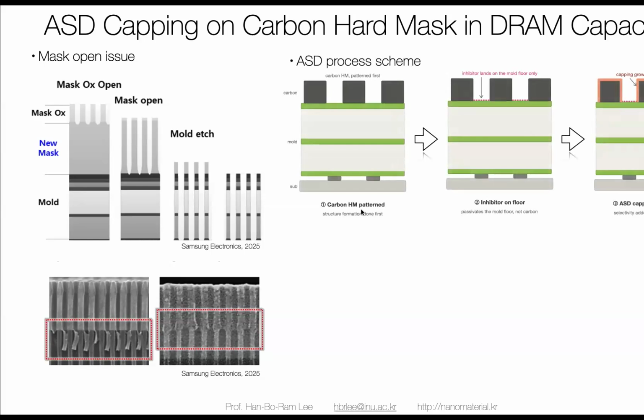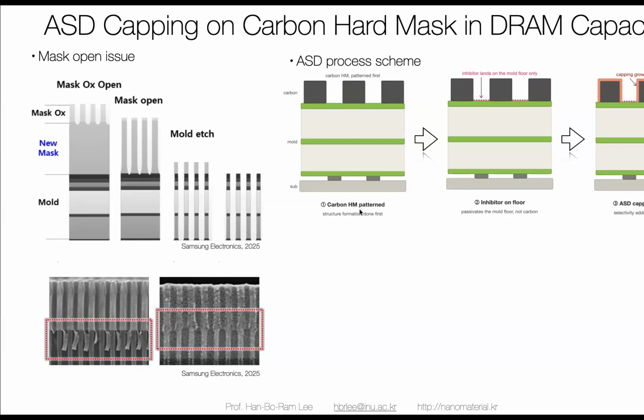So one of the ideas is, once you have the PR or amorphous carbon, so this is the amorphous carbon, and then they put the inhibitor right on this area and deposit ALD film only on the amorphous carbon etching mask.